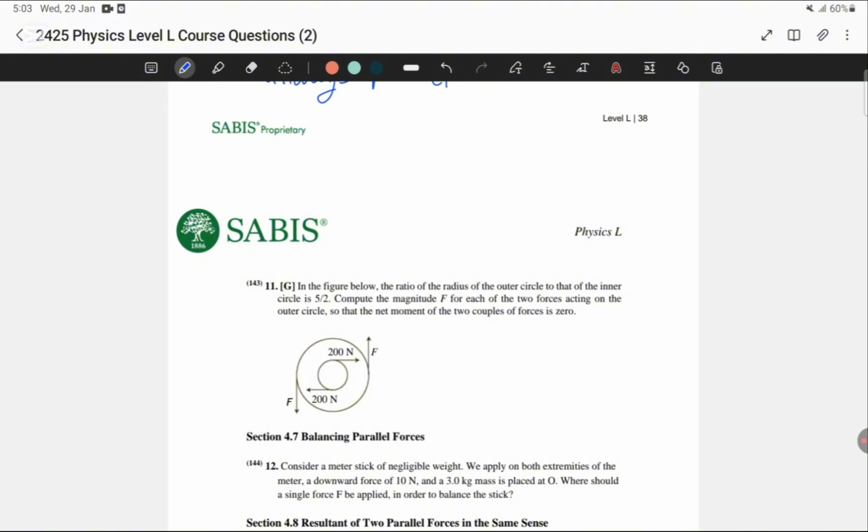Okay, so here what we want to do is find the net moment. The net moment of the two couples is 0. This is going to be big R, and the small one inside here is small r. R over r is equal to 5/2.